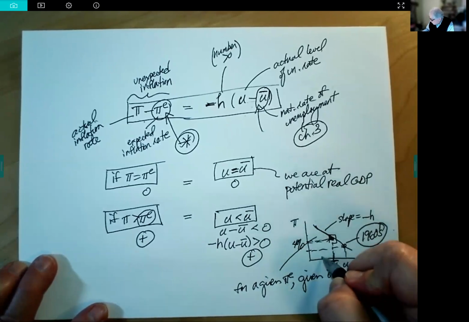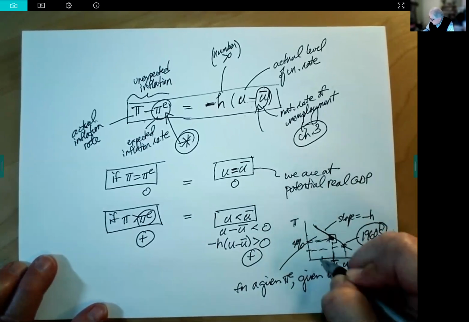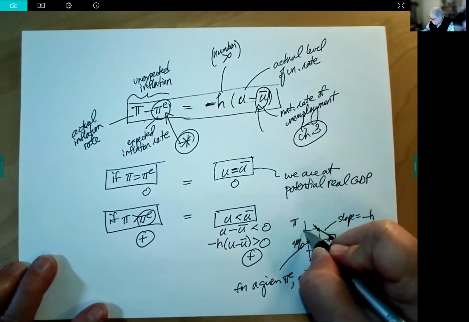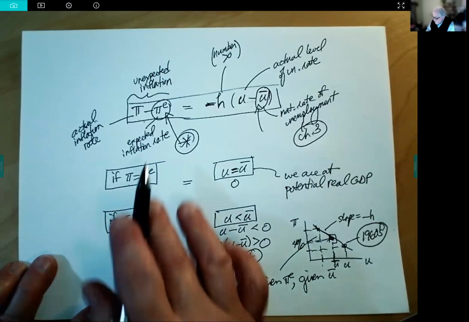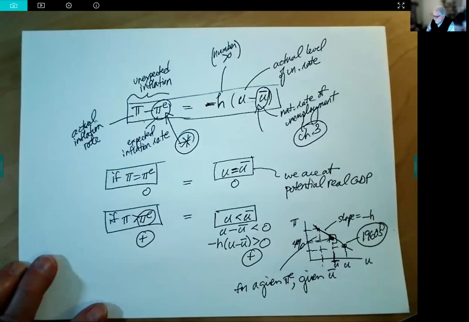Or if we want lower unemployment than what's at the full employment level, then we're going to have to put up with higher inflation. Instead, what we saw in the 1970s is both high inflation and high unemployment, and that had partly to do with changing inflationary expectations. We'll address that in another video.